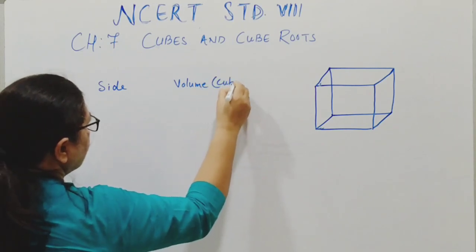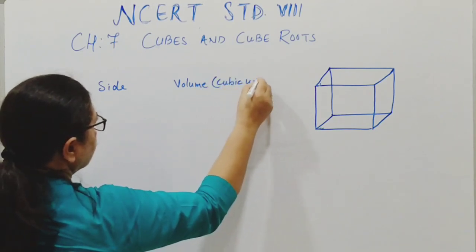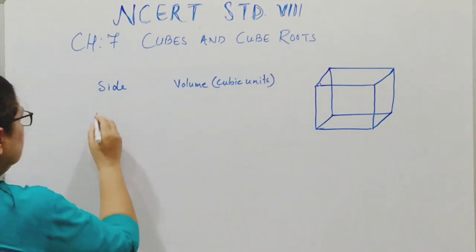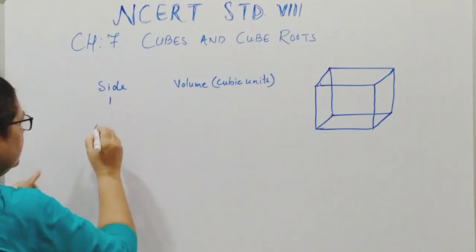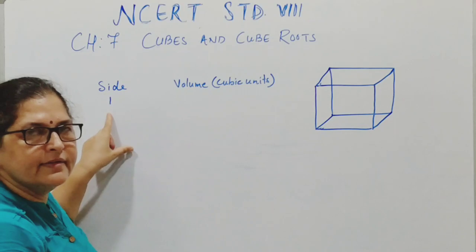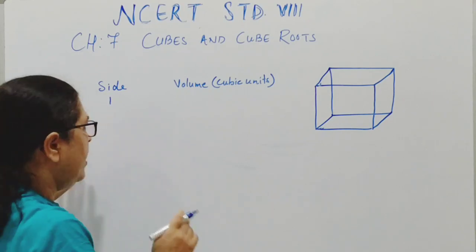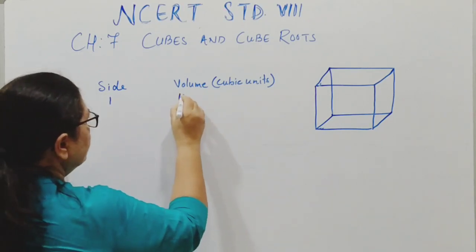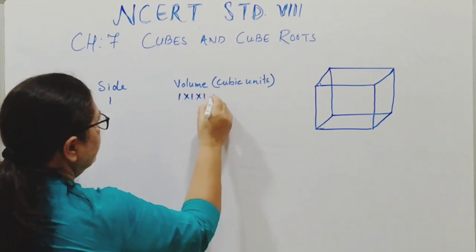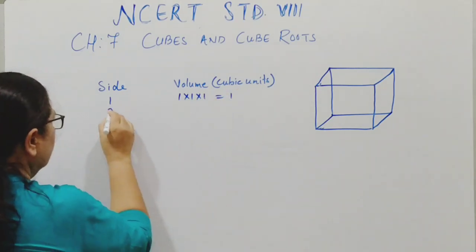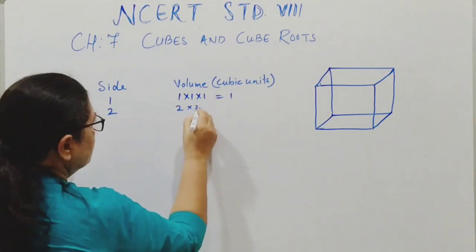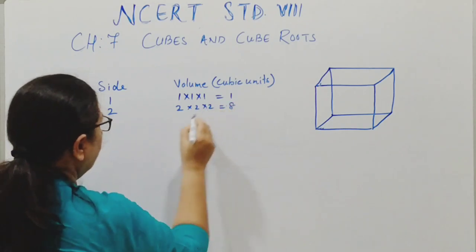Volume is always in cubic units. So if the side of the cube is 1, that is length, breadth and height all are 1 unit, then volume is 1 into 1 into 1, that is 1 cubic unit. For 2, it is 2 into 2 into 2, so it is 8.